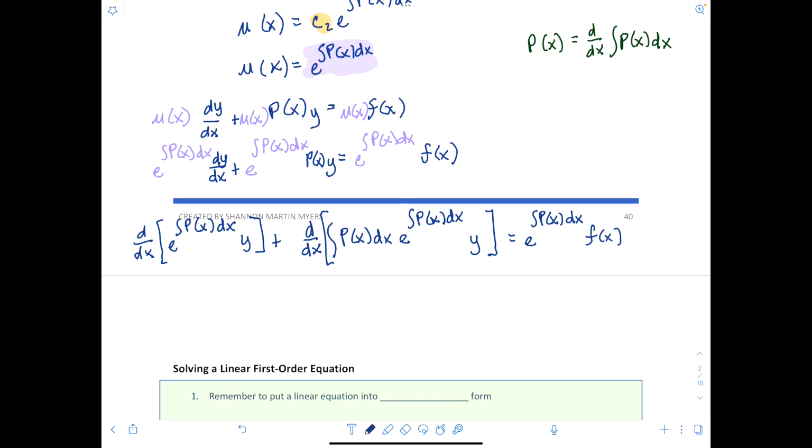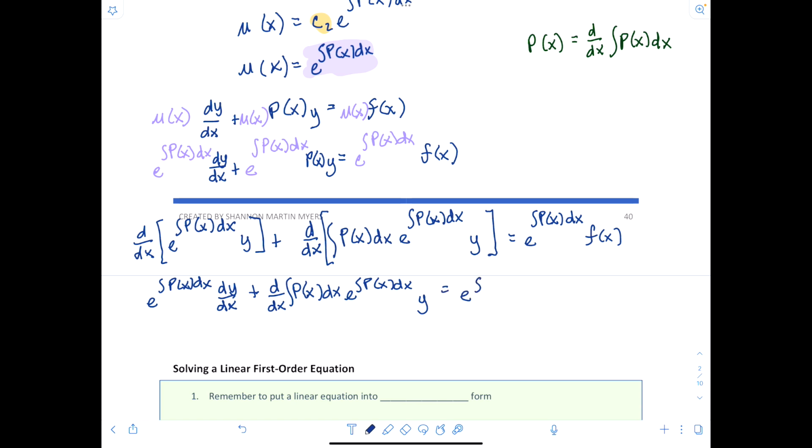Here we're saying this is going to be the first, e to the integral p at x dx, times the derivative of the second, dy dx, plus the derivative of the first, which is d dx of integral p at x dx times e to the integral p at x dx, times y, which is just the product rule.